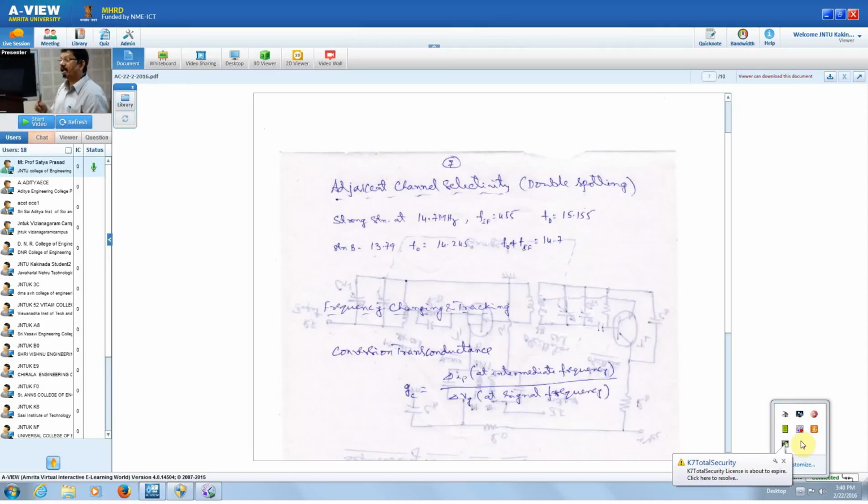When you are doing this, you are receiving this signal at 14.7 megahertz, with 2.0 megahertz.